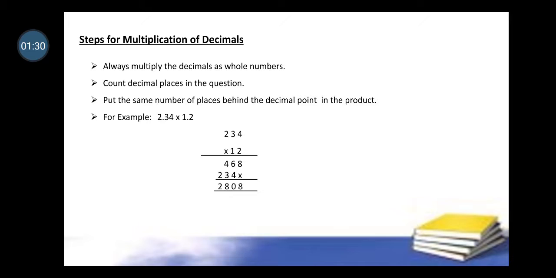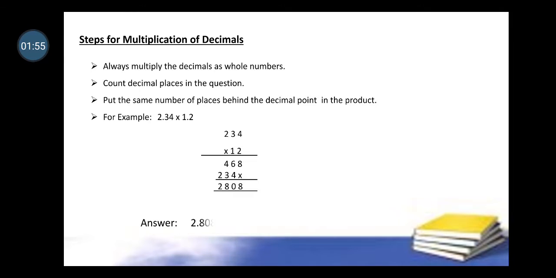Then 1 times 4 is 4, 1 times 3 is 3 and 1 times 2 is 2. And at the end we have to add because multiplication is the repeated addition. 8, and 6 plus 4 is 10, 0 will be here and 1 will be carry forward. 4 plus 3 is 7 plus 1 is 8, and 2.